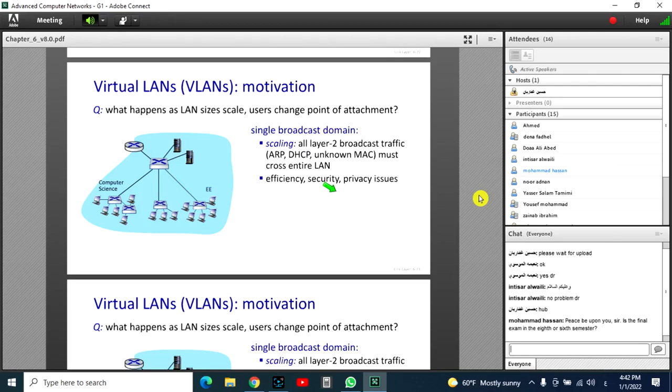But for example, I have some different departments inside the university. Some departments, for example, computer department, electrical department, engineering department, science department, and something like that. Okay, and also I have some other parts, for example, education department, financial department, managerial department. Okay, there are several parts.